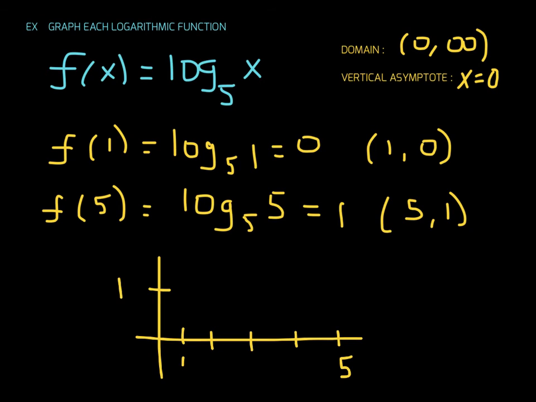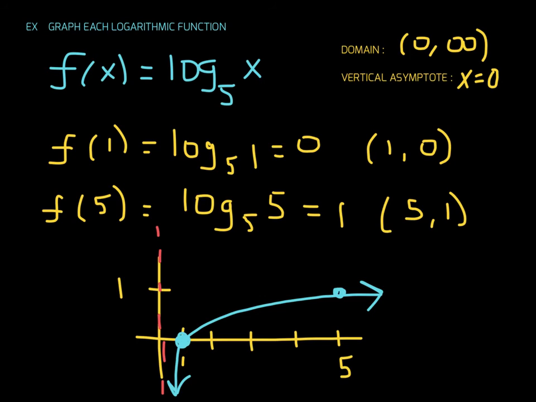Our vertical asymptote is x equal to 0, which is the y-axis. Then we have these 2 points on our curve now. We have 1, 0, and we have 5, comma 1. And the curve has to get infinitely close to this vertical asymptote. So there's the graph. Pretty cool, no?